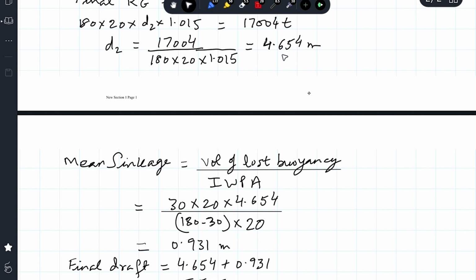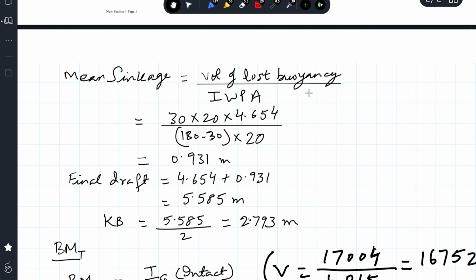So the ship is now down to 4.654 as the draft, because our ship's displacement now corresponds to this draft. So the volume of lost buoyancy will be: length of the tank 30 meters, breadth of the tank 20 meters, and the draft around 4.654, upon intact water plane area.